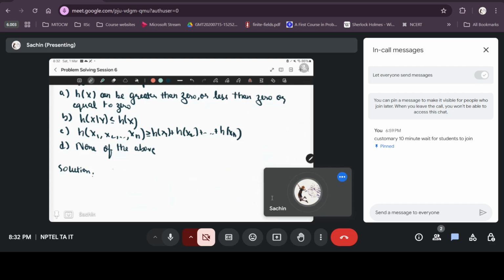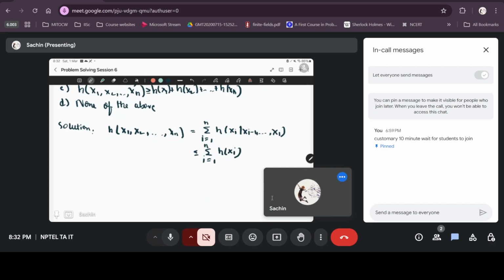We can write h of x1, x2, xn using the chain rule as summation h of xi given xi minus 1 to x1, and since conditioning reduces entropy, this is less than or equal to summation of h of xi, i equal to 1 to n. But option C says h of x1 to xn is greater than or equal to summation of h of xi. So C is the false statement.